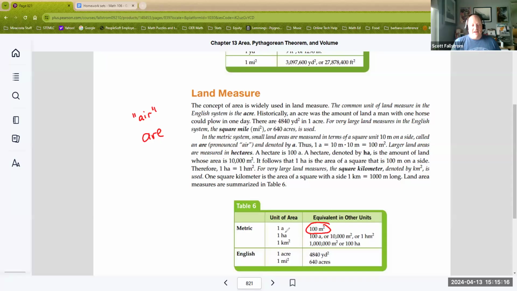So notice 1 are is 100 square meters. Okay, 100 ares is a hectare, which makes sense because that's what hect stands for, is 100 of these. Okay. And then a square kilometer is just 100 hectares. So you get this idea that it's 100 of this, 100 of that, 100 of that. Their system is really convenient.